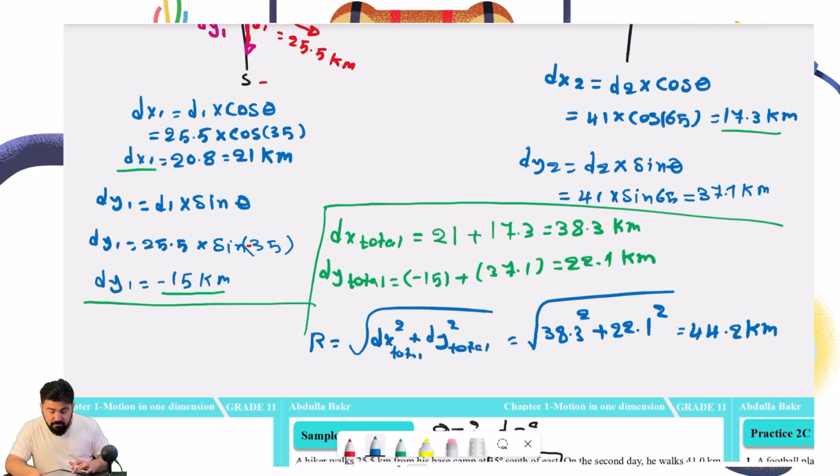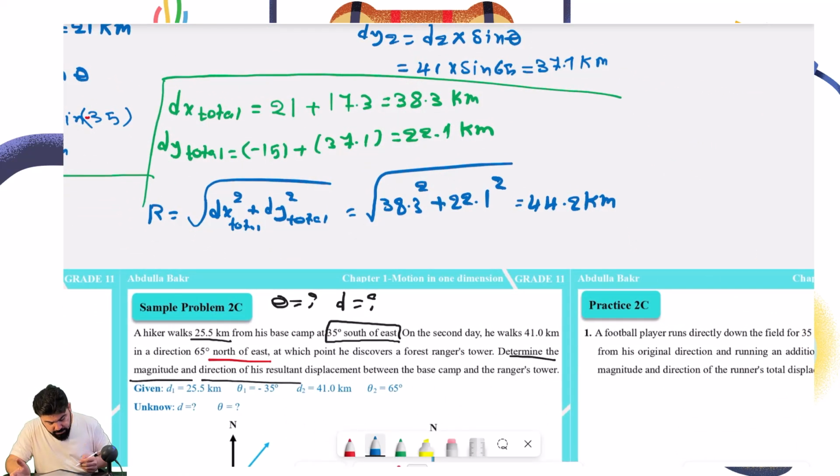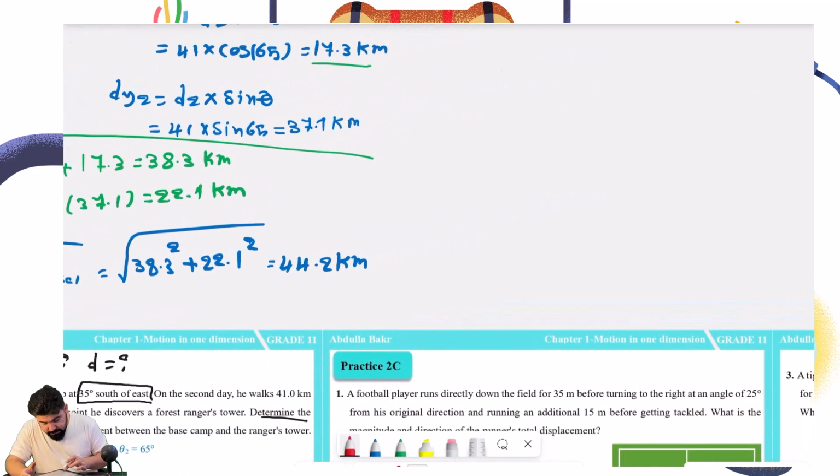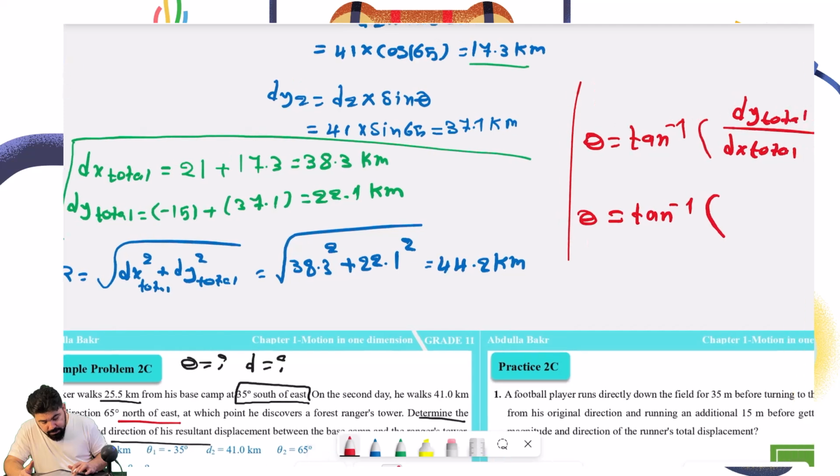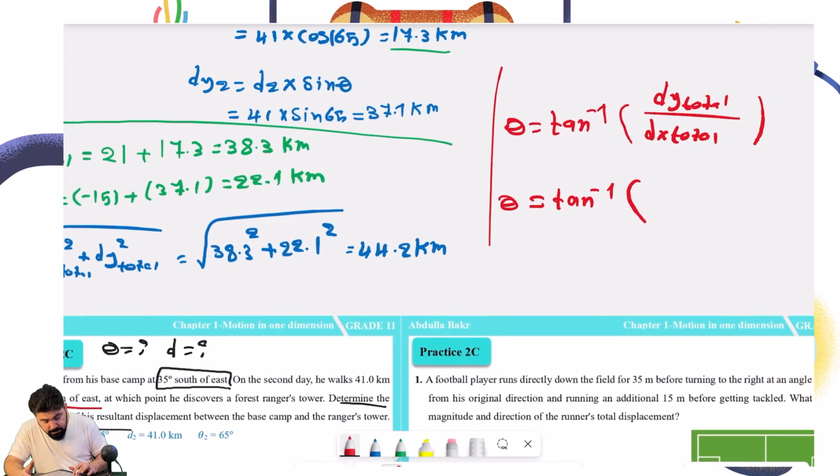Am I finished? Unfortunately, no. Let's use the tan inverse to find the angle. So theta is equal to tan inverse of dy total divided by dx total. So dx is equal to 38.3, dy is equal to 22.1.